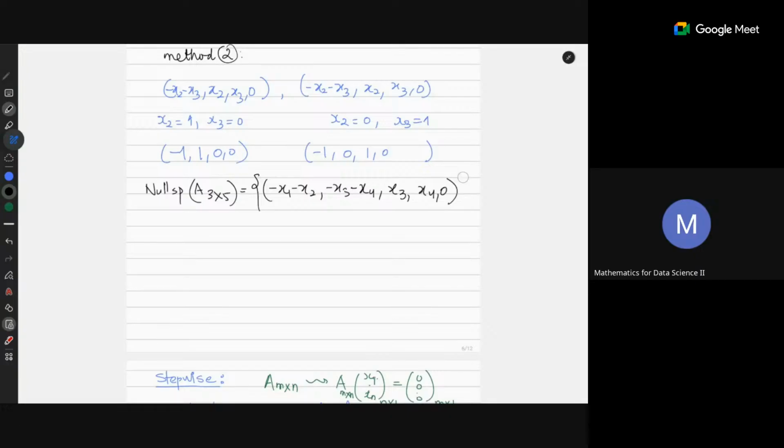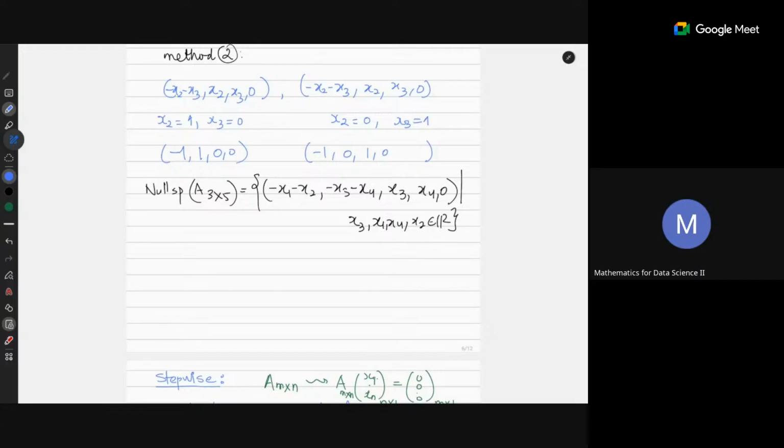All right. So this is your general vector, where x1, x2, x3, x4 are all in R. So how many independent variables are there? 4. 4 independent variables, right? Now let's apply method 2. How many times do I need to write down this general vector? How many basis vectors will there be? 4 times. Yes, 4 times.